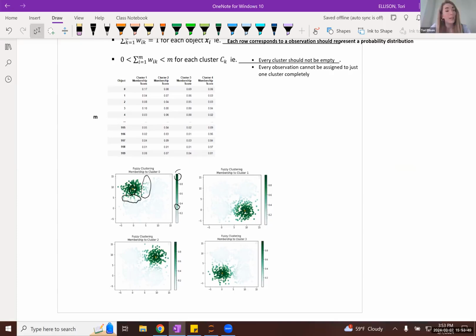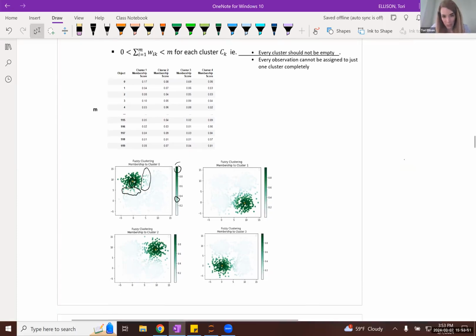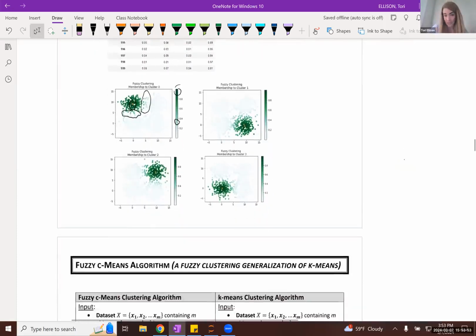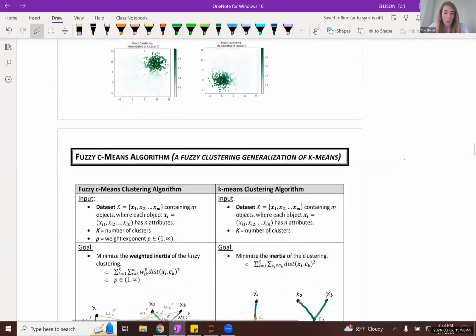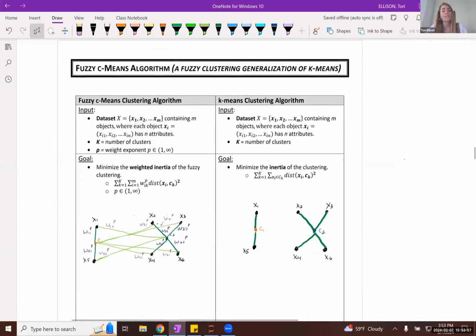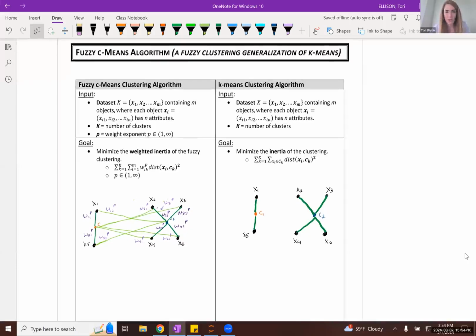Okay, so this is the general idea behind a fuzzy clustering algorithm, and there are many fuzzy clustering algorithms that exist. But one of the most common is, like we mentioned, the fuzzy c-means clustering algorithm, which is a fuzzy clustering extension or generalization of k-means. The structure is going to be very similar, so let's go through it.